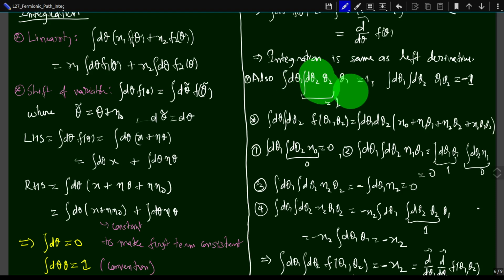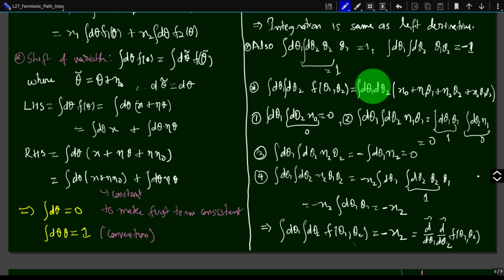Okay, so this way we will compute these integrals. Remember, here theta 1 and theta 2 are there, and the product of thetas appearing over here is in the reverse order. If it is not in reverse order, then I have to put it into the reverse order, and if that requires an odd number of swaps, the result will be -1. So like here, d theta 1 d theta 2 integral of theta 1 theta 2 will be -1.